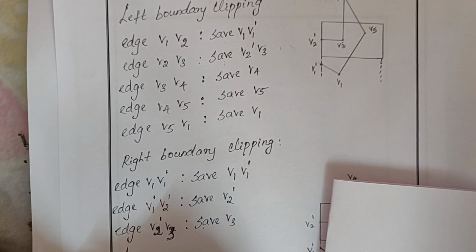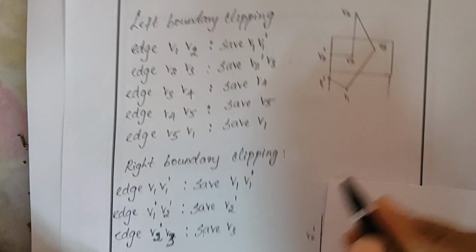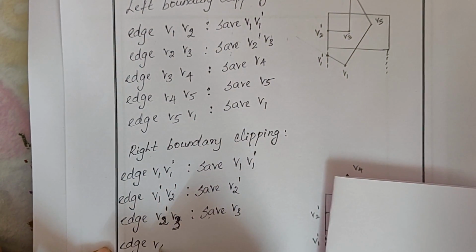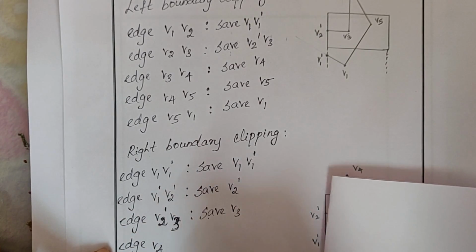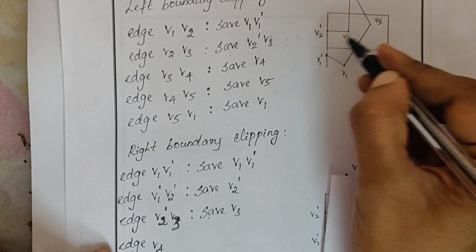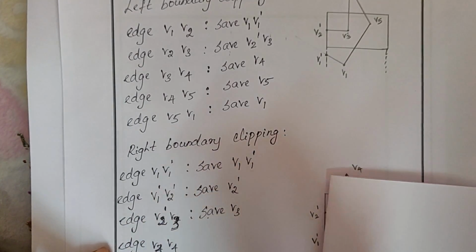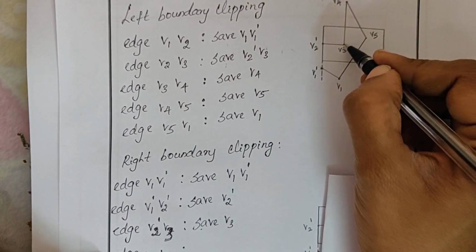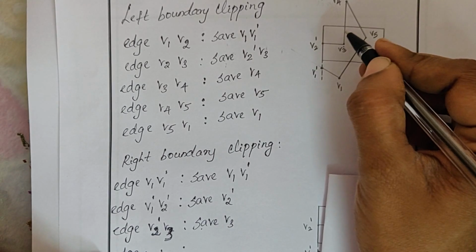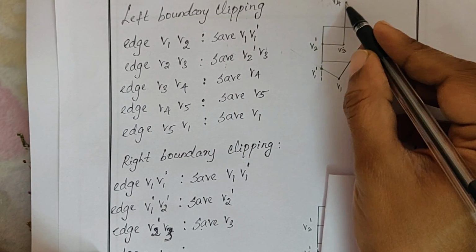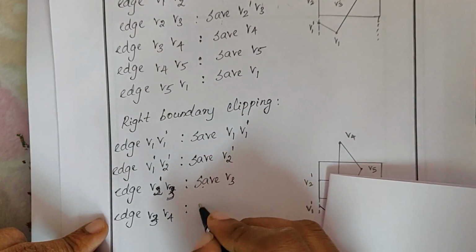Next edge V3, V4. Again both vertices are inside my right boundary, so I have to save my end vertex. The end vertex is V4, so I will save V4.